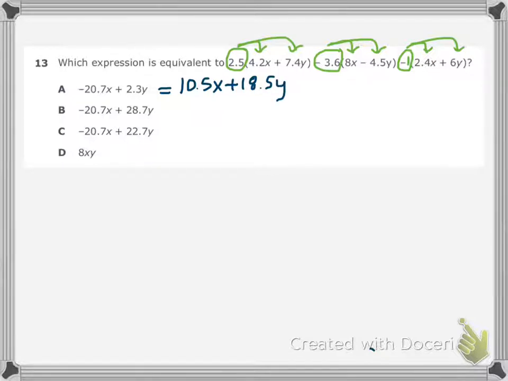Negative 3.6 times 8x is negative 28.8x. And then negative 3.6 times negative 4.5y is positive 16.2y.